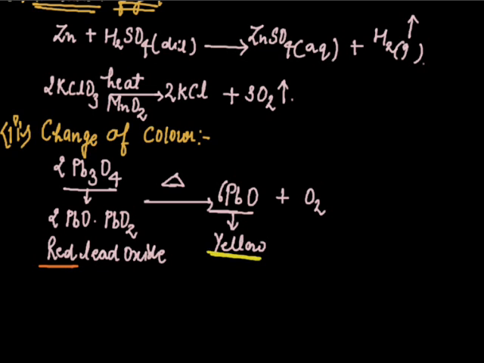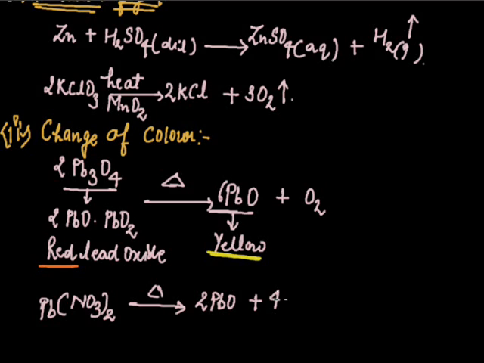Now, let's observe another example. Pb(NO3)2, twice, on heating gives PbO plus 4NO2 plus O2.